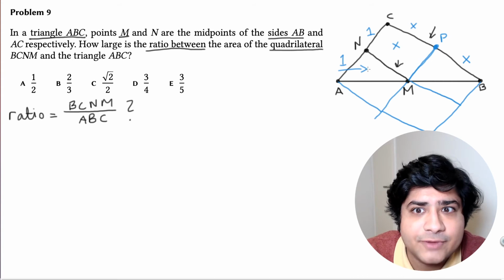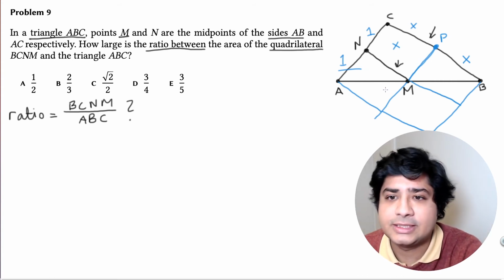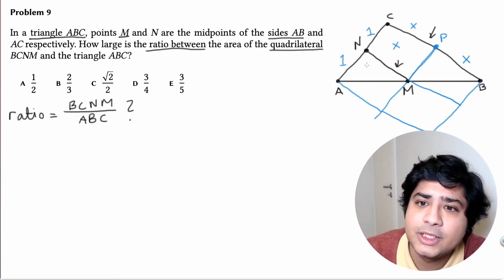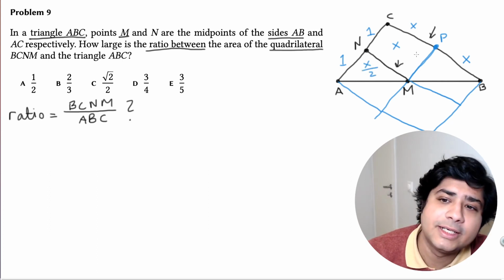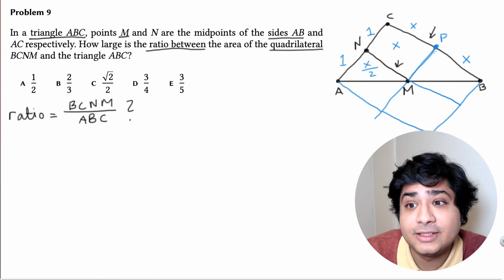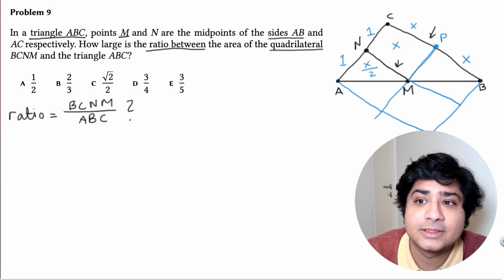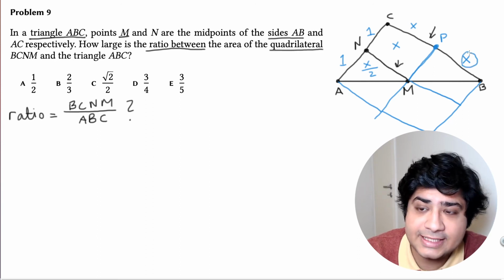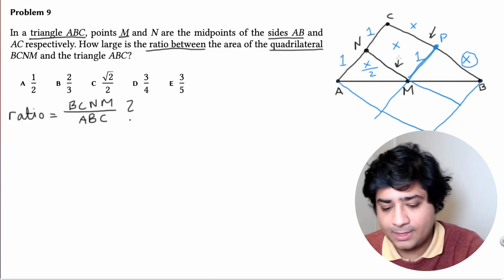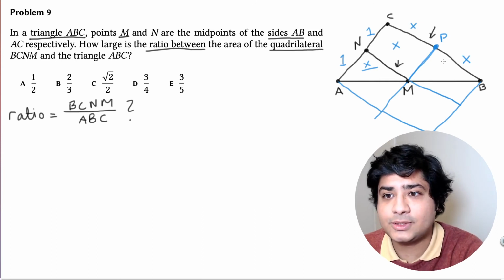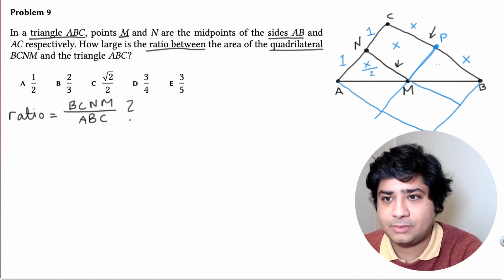It's just going to be half of that, right? Because we're just doing a diagonal to slice those things up into 2. So that would be x over 2. Again, this side right here is also x, and then there's this side right here, which is 1. We already know this from here. So again, that's also going to be x over 2.